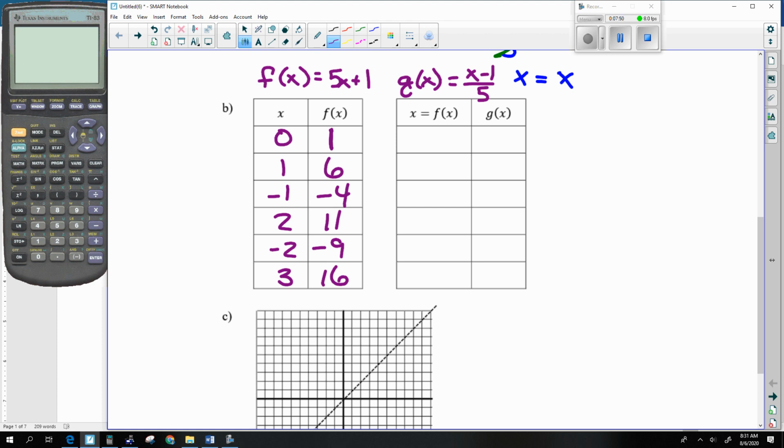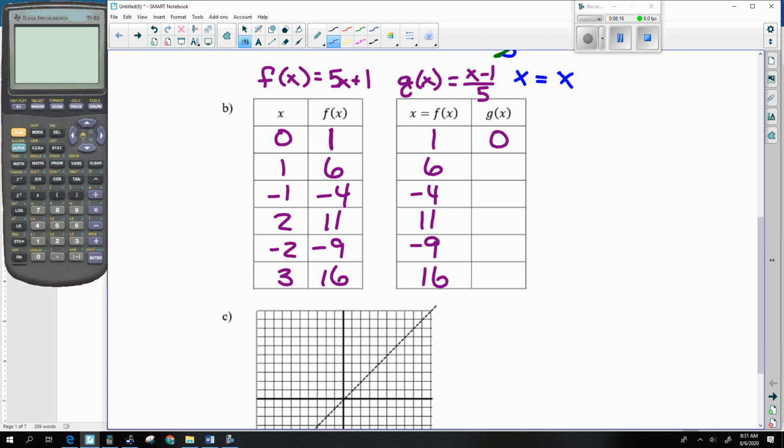Now what I'm going to do is take these f of x's and make them the x of the next. So 1, 6, -4, 11, -9, and 16. So I'm making that the x of this next, and what I'm hoping to get out of this is that the g of x will be the x's of the original. So here we go.